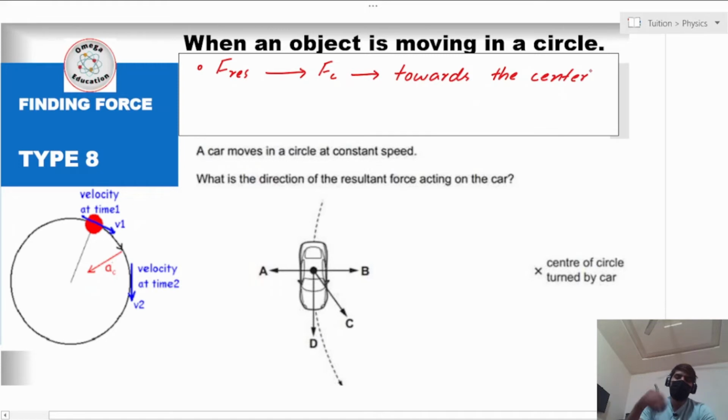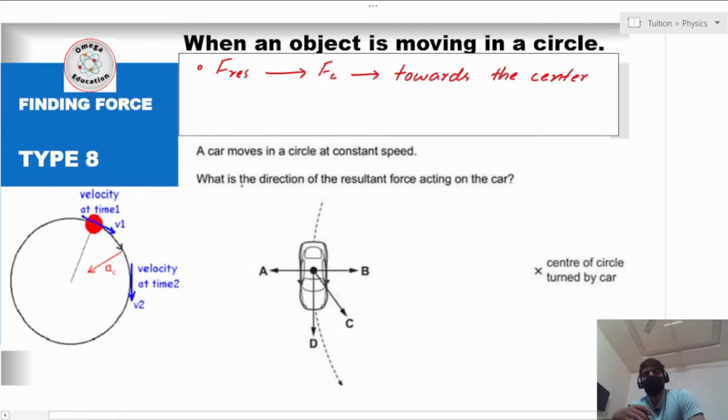Which circle? The circular path around which the object is moving. So the resultant force would be directed towards the center of that circle.